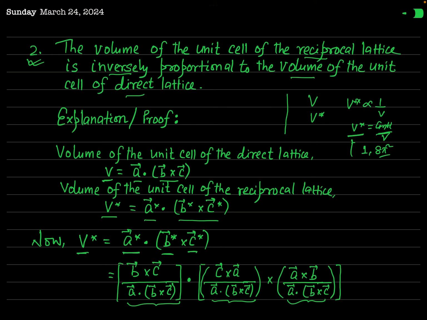Now you can see in all these three terms, in the denominator there is a scalar, A dot B cross C, which represents the volume of the unit cell of the direct lattice, and this is just a multiplicative factor. So you can take the product of all these three factors in the denominator.